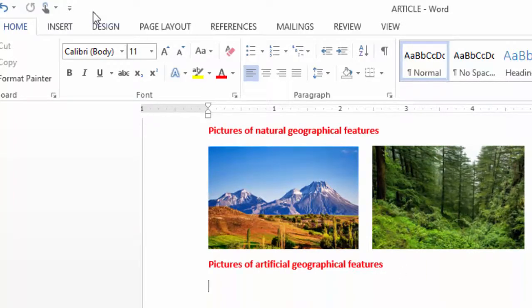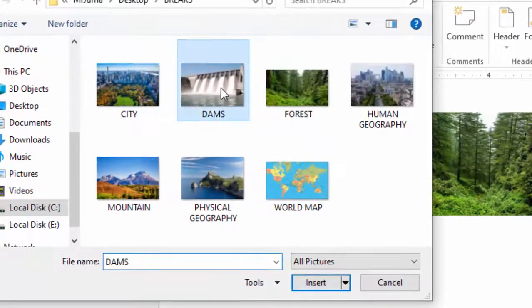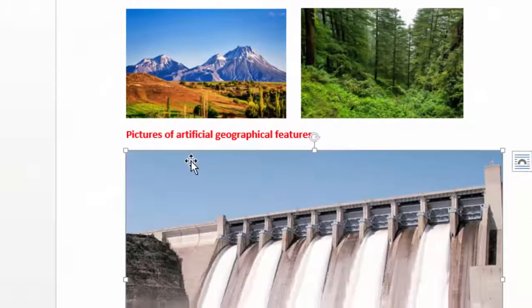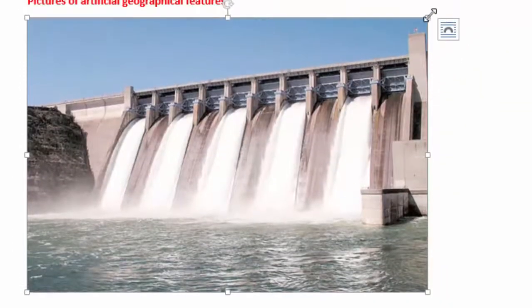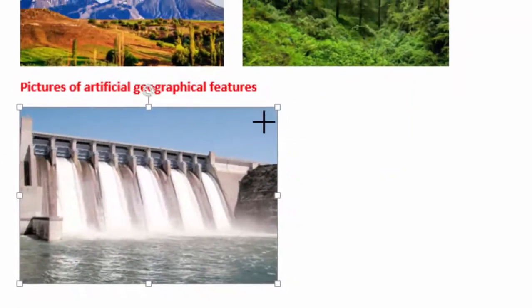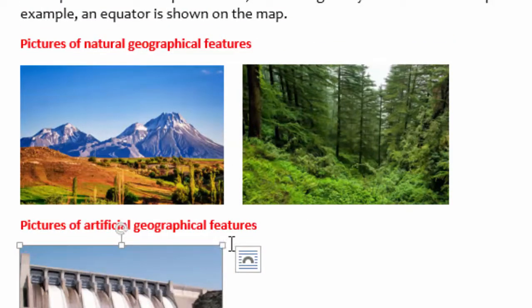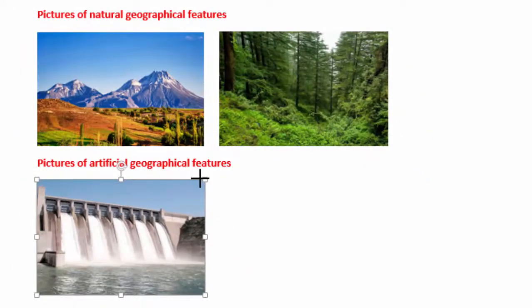also insert the other pictures. Click insert picture of artificial geographical features. This is a dam, and I will resize it to be the same size as the pictures above. At least that size is almost the same size as that one of a mountain, like that.